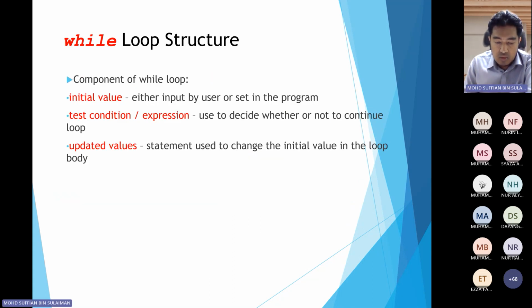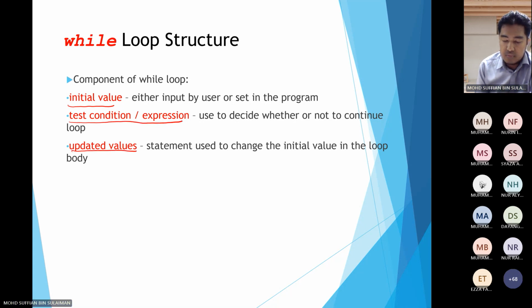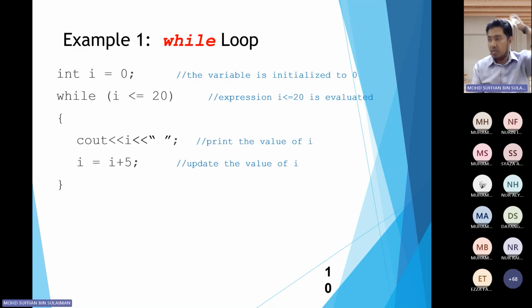Okay, look at a while loop structure. Like I said, we have 3 main components: initial, then test condition, and then update. So look at this example to understand. Let's say we have variable I. The value of I is 0, and then we have the while keyword, and then this is the condition or the expression, I less than equal to 20.